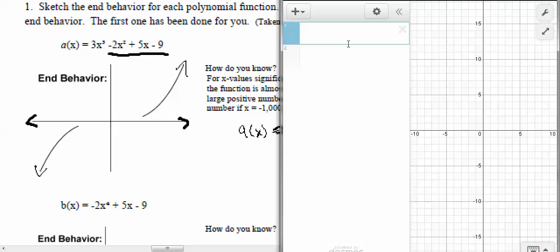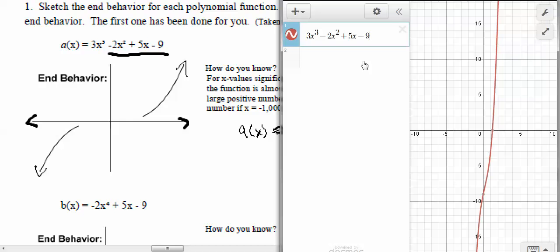So let's say 3x cubed minus 2x squared plus 5x minus 9. All right, so the point that I'm trying to make is I'm going to compare this graph to 3x cubed.